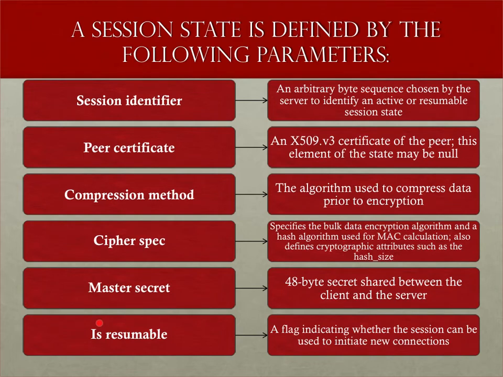So the last parameter here is what we call is resumable. Once you start to click, and then at the end you want to finalize, you want to check out and finalize your purchase, in that case is resumable will be false.